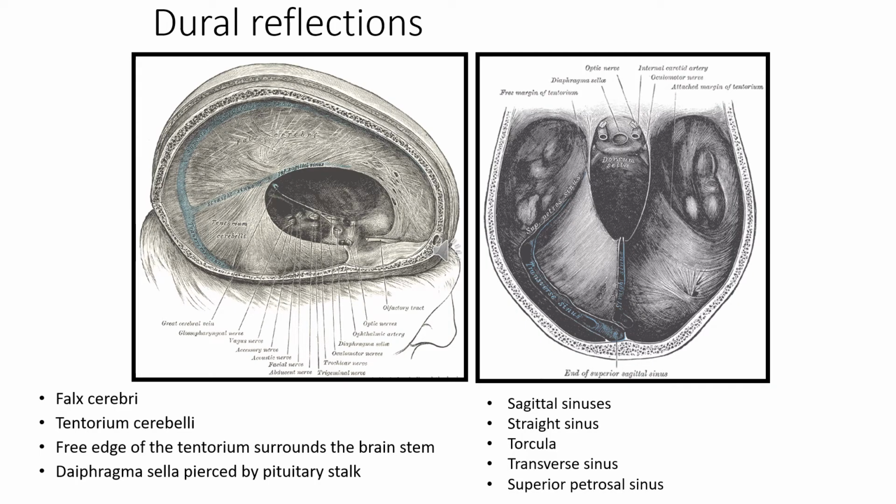These two images are from Gray's Anatomy and are going to give us an idea of the dural reflections around the brain, and those dural reflections containing important veins, and we can see these structures on the CT component of PET-CT. So there's a major midline reflection of the dura called the falx cerebri, and this is going to divide the right and left cerebral hemisphere from each other.